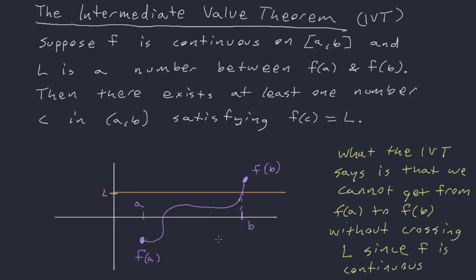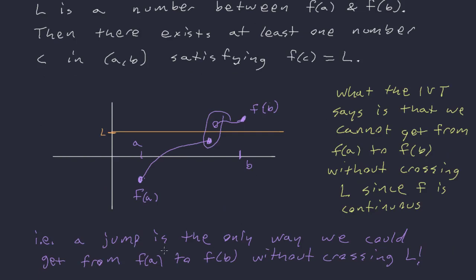Now, it might be very close to one of the endpoints. So the only way we can actually get there without crossing the L line would be if we had a jump, right? So a jump is the only way we could do that. Okay?